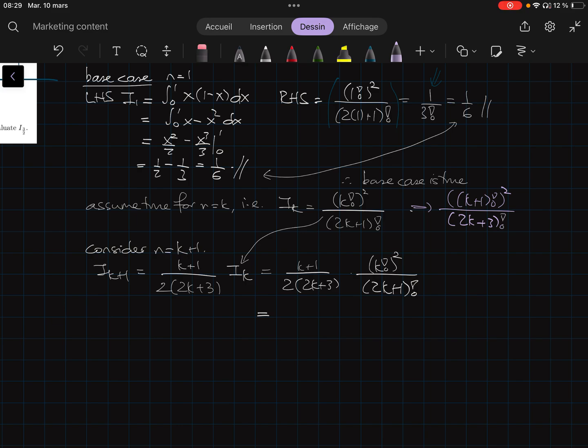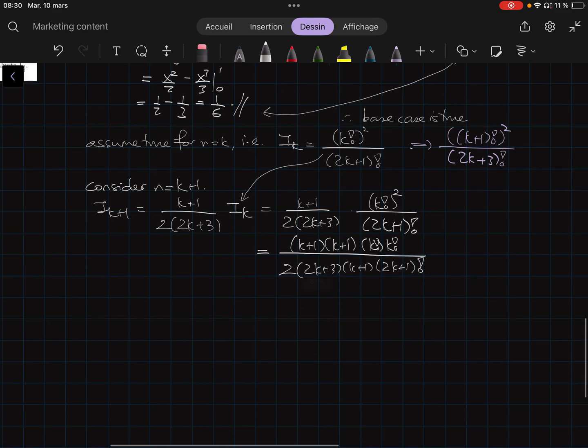This means that we need to multiply another factor of k plus 1 in the numerator. And it just conveniently works out.